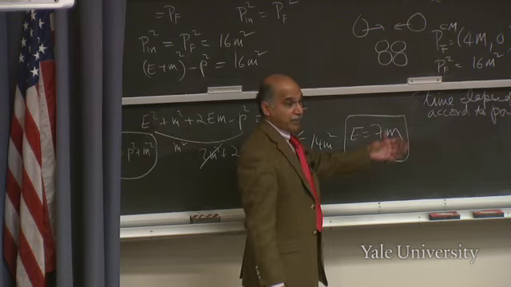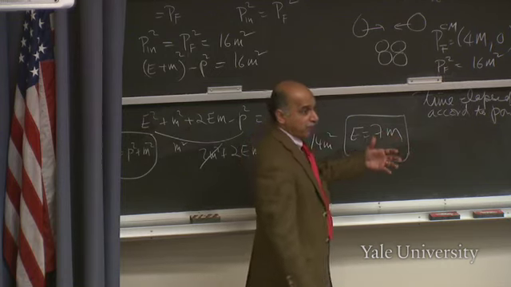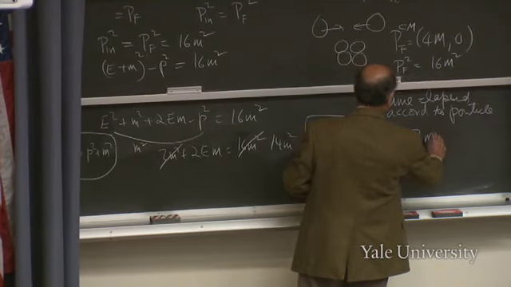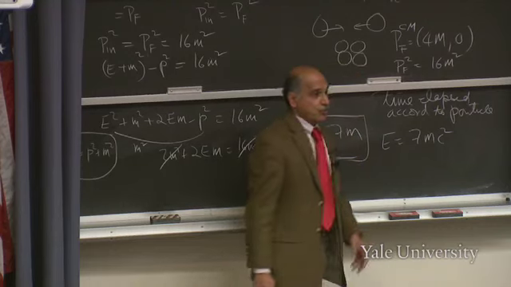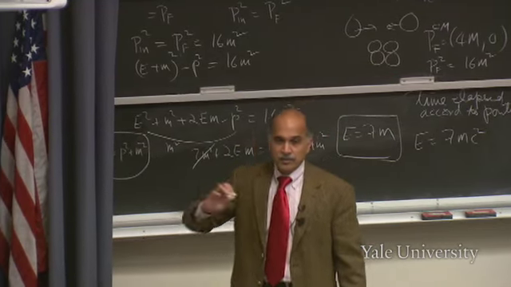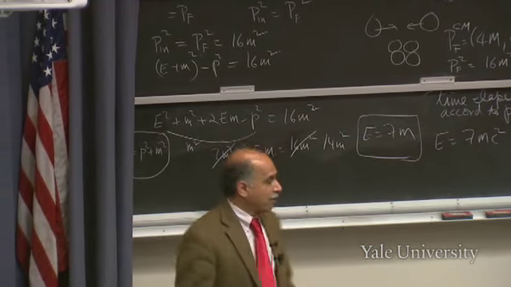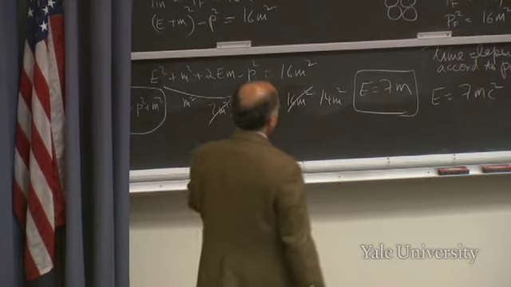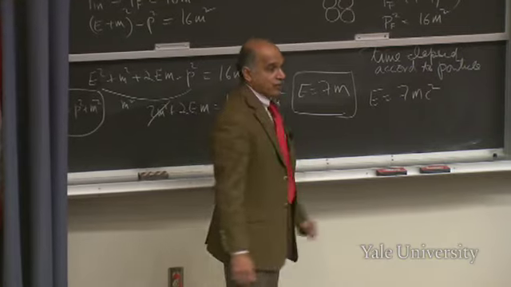Now you realize it's time to put back the velocity of light. And everybody knows, even the man and woman on the street, that this should really be 7mc squared. If you had carried factors of c throughout the calculation, it would have been very messy. But here is where c squared would have to turn up, because if you're looking for an energy and you get a mass, you put back the c squared.